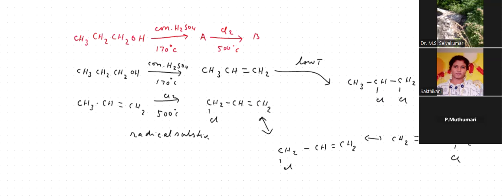What you have to understand is that chlorination at ordinary temperatures will go by ionic addition. Chlorination at elevated temperatures will undergo radical substitution. So the compounds formed are: this is A and this is B.